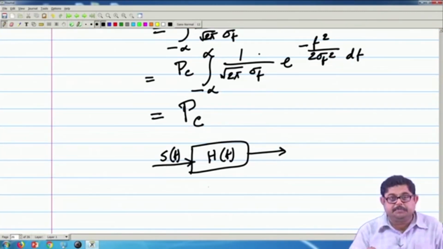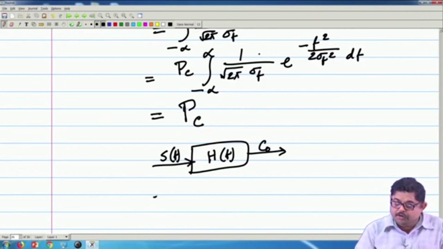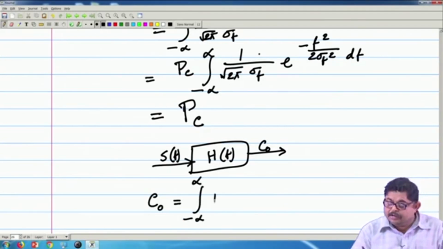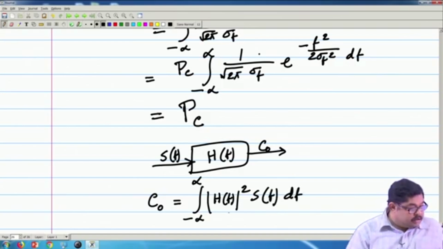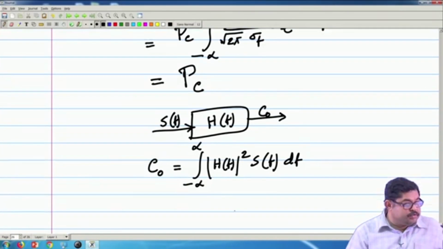Remember, this S(f) is the power spectral density, and the output I will get is C0. So, C0 is the integral from minus infinity to infinity of |H(f)| square S(f) df. So, this integration we need to do.